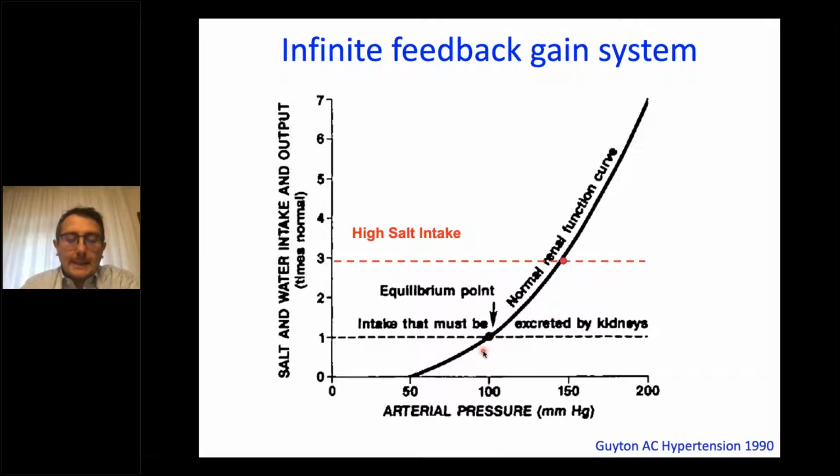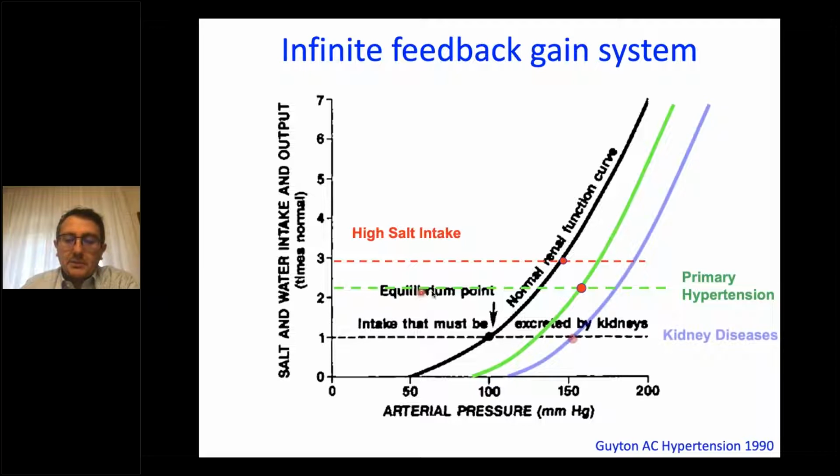We can predict that people affected by primary hypertension have this double component. They have the equilibrium set point that is right shifted, and they also have environmental factors that expose them to high salt intake. While people with kidney disease are at a high level of this equilibrium point, even for relatively low salt and water intake.